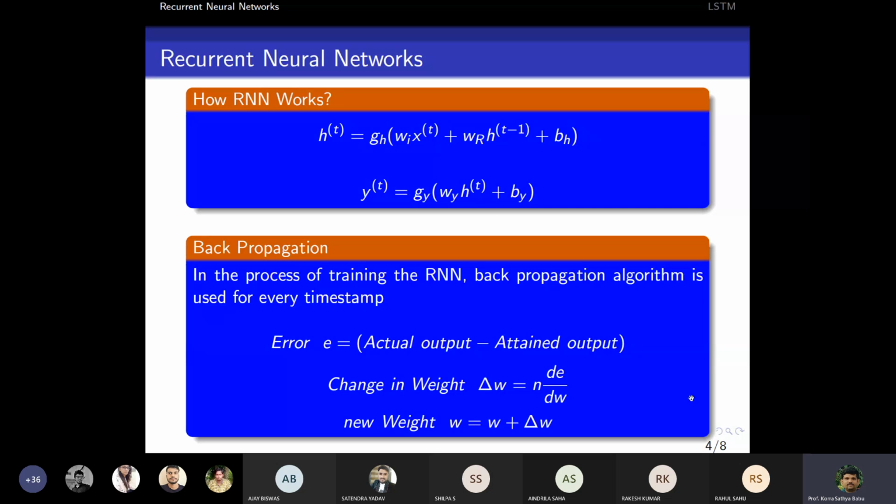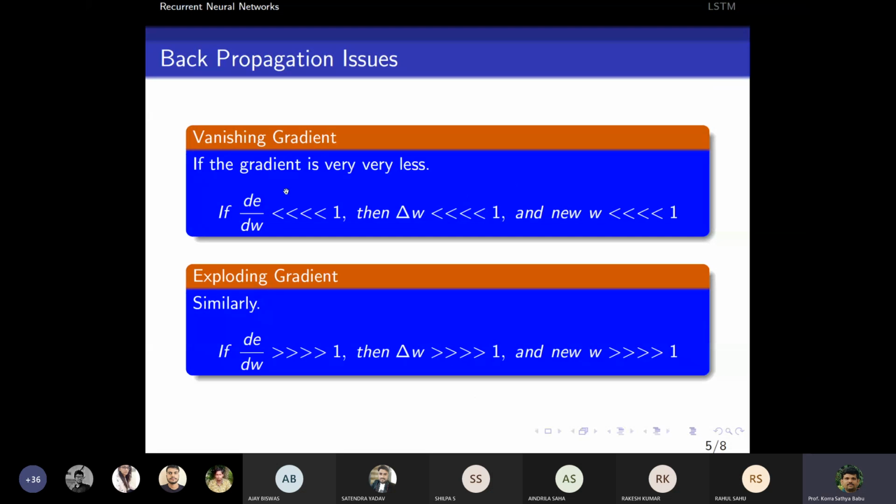Please understand that. Now in back propagation we have basically two major issues. What are those two issues? The first one is the vanishing gradient, and the second one is the exploding gradient.